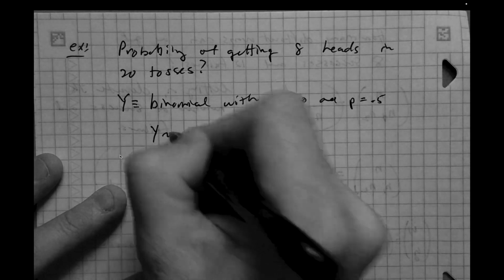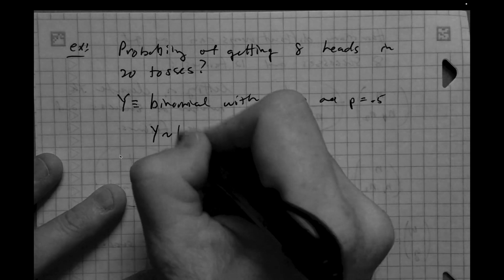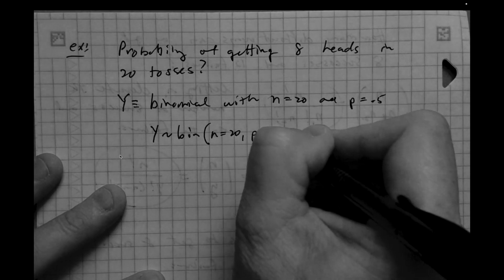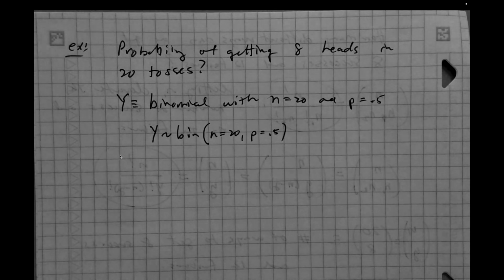In shorthand, we could say y is binomial, n equals 20, p equals 0.5, right? And so that tells us that if I want to know the probability of y for any particular y, I can just apply this formula.